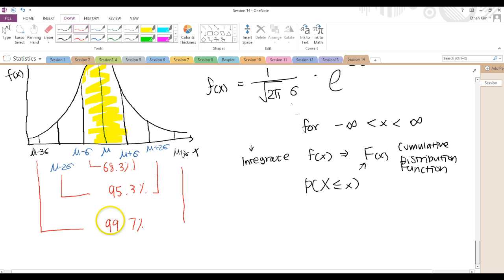Okay, so it's really nice because if you capture 2 standard deviations away from the mu, then you're pretty much covering almost everything. 95% is a lot of data, most of the data. And if you capture 3 sigmas away from the mean, then you're capturing 99.7%. So you're capturing most of them.